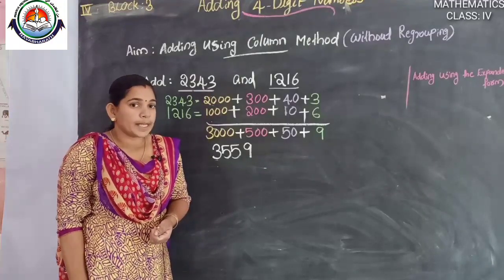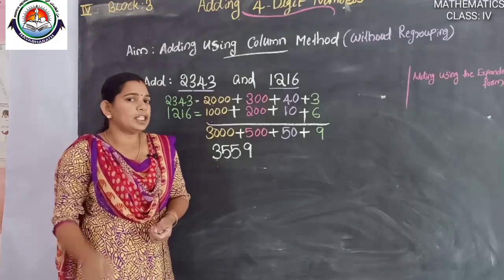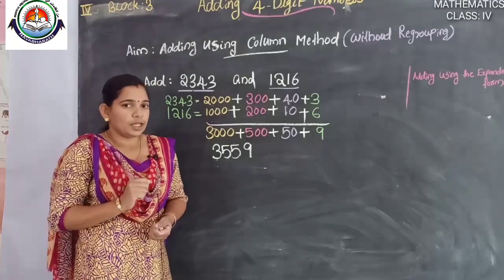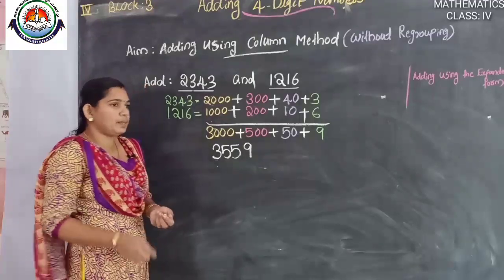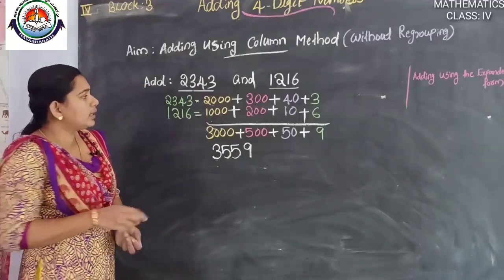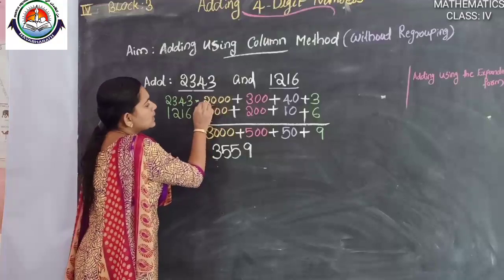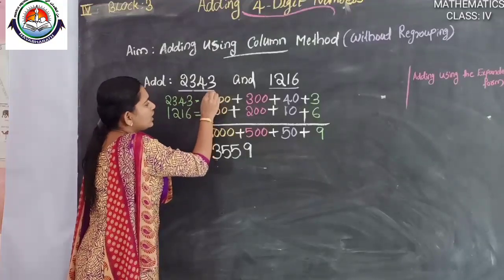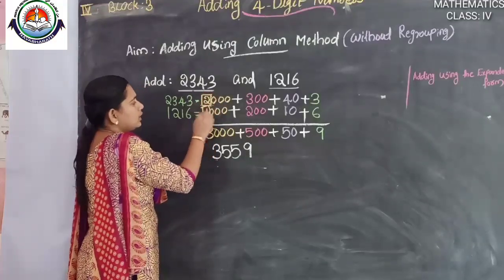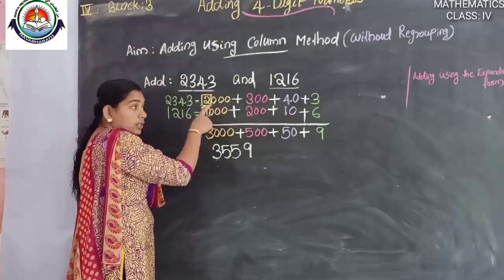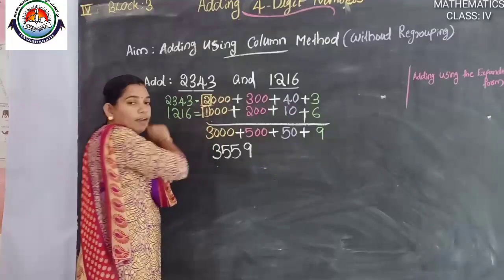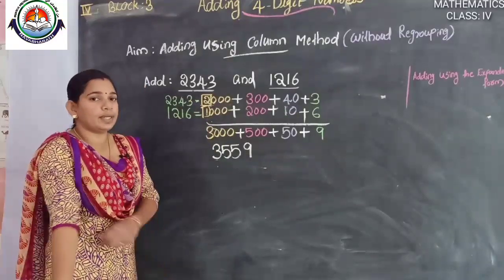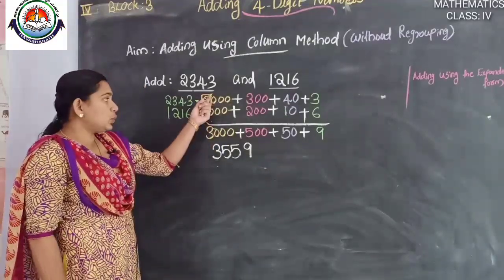Then after that, take some small square-shaped papers. In the thousands place, what are the digits here? 2000 and 1000. So you write 2 and 1. Only that digit you write on that paper, 2 and 1.